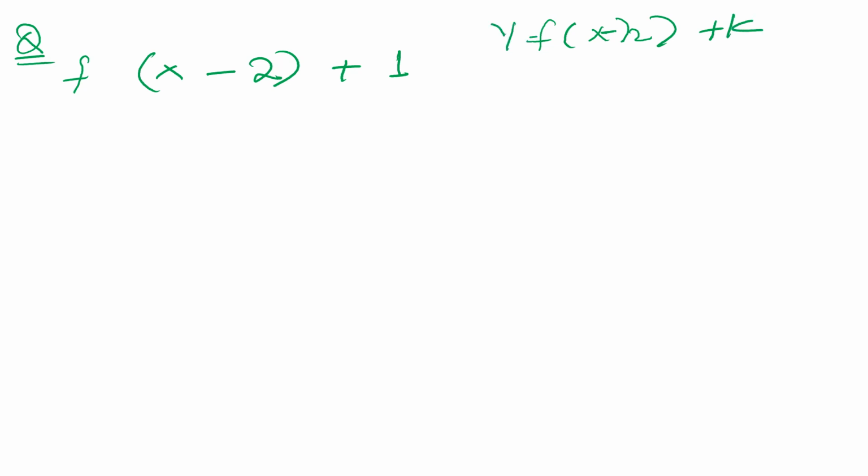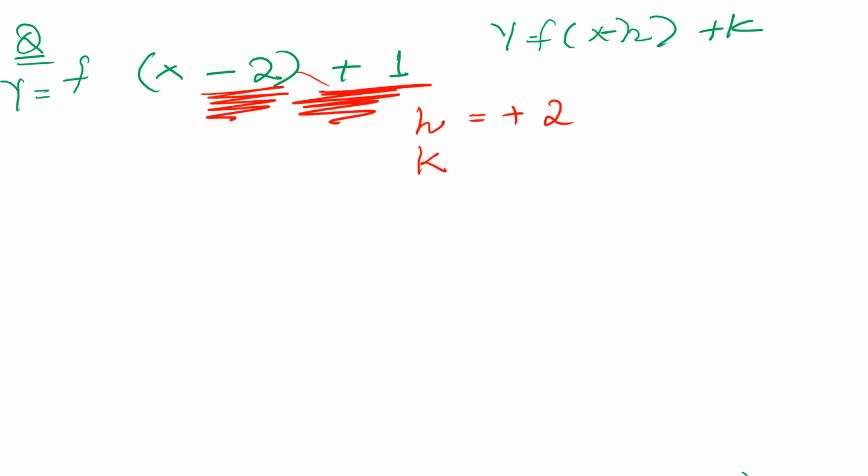The first thing is when you look at the equation, you find out where is my h and where is my k. h is inside and we take the opposite sign, that means plus 2. k is outside and we take the same sign. h represents right or left.